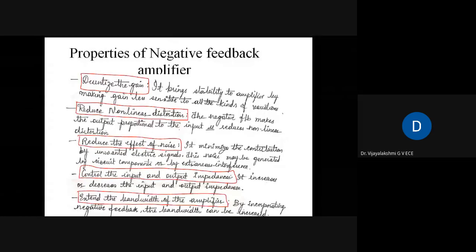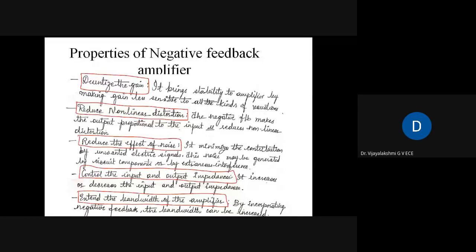Whenever you design an amplifier, it should work linearly. Working linearly means the variation in the input should cause the same variation in the output. That means the circuit is working linearly. But sometimes it may become non-linear. That means the variation in the input is not the same as the variation in the output.